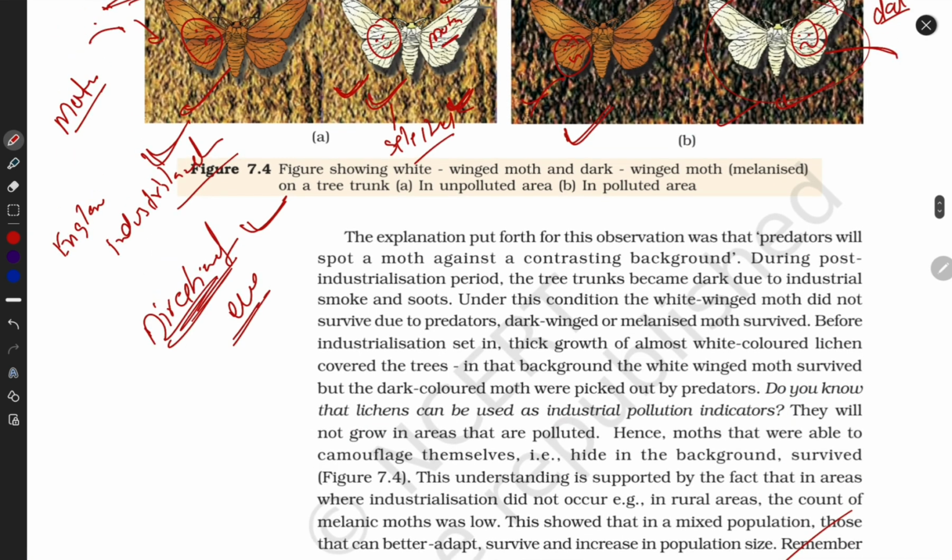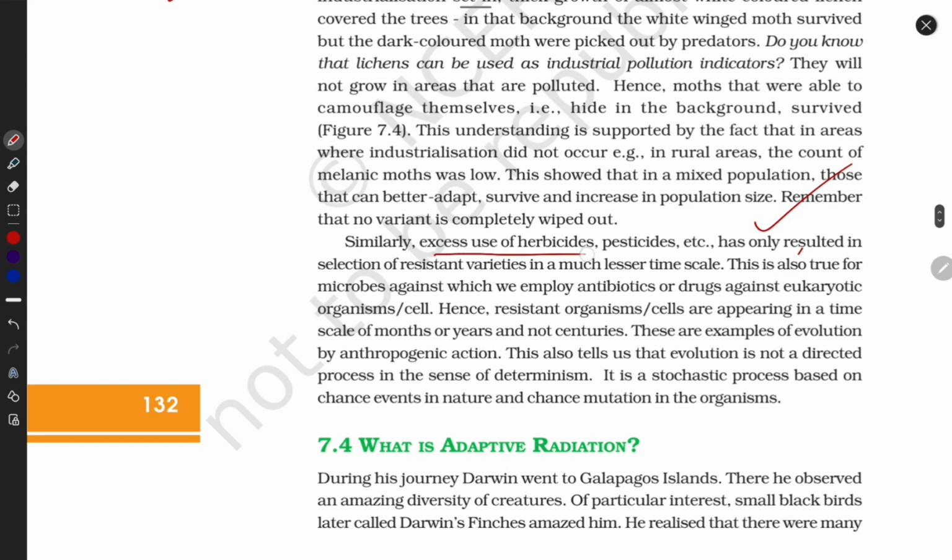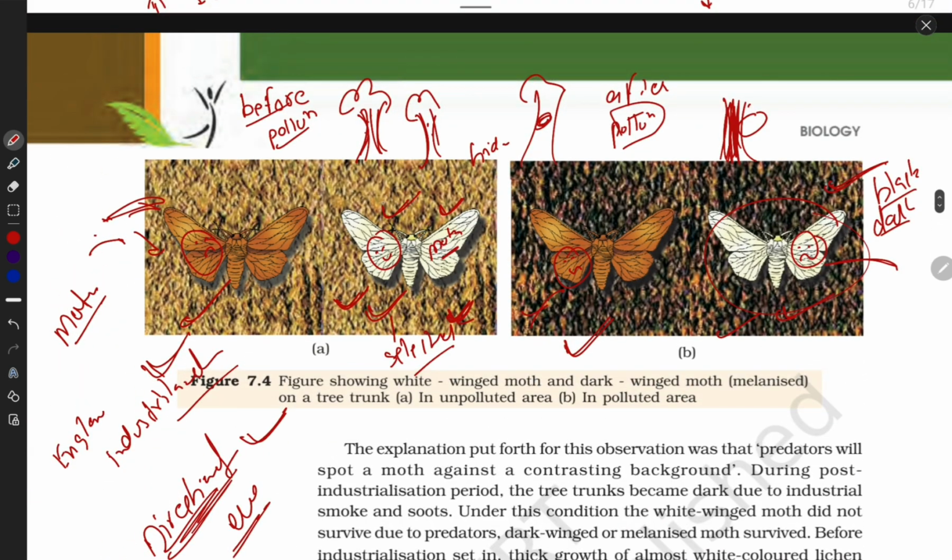What directional evolution says is that when you use herbicides and pesticides on your agriculture farm, first there are some sensitive insects, and there are also some resistant insects already present. There are two types, white in color and black in color.